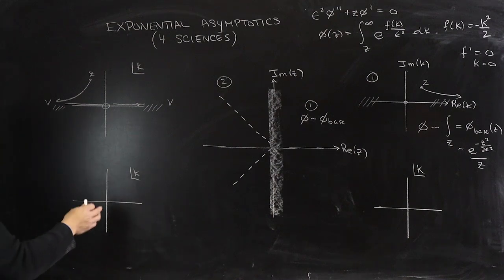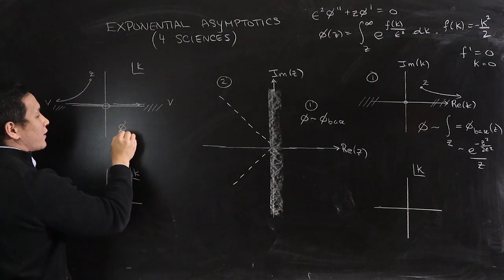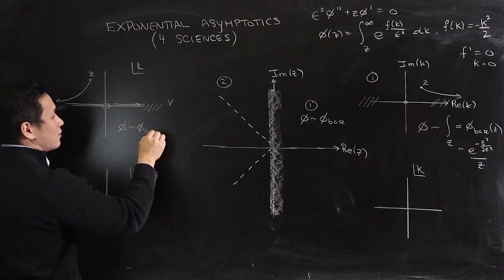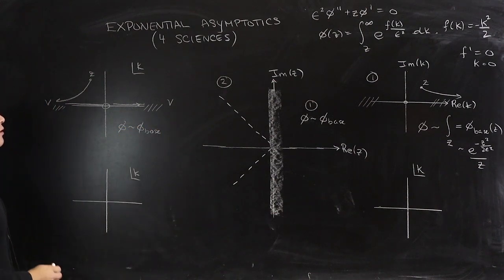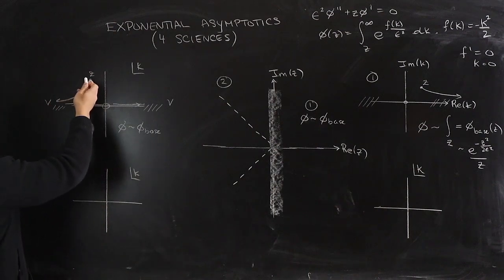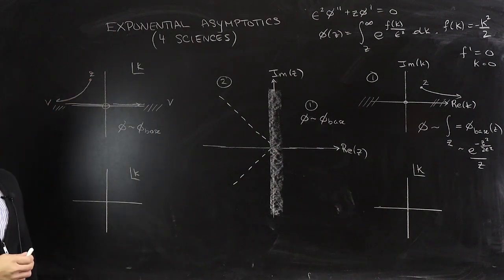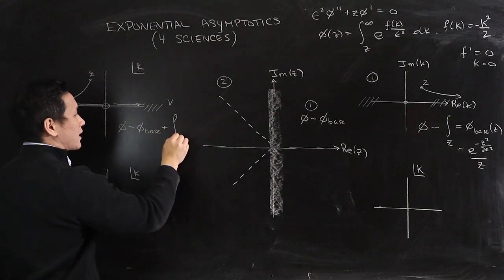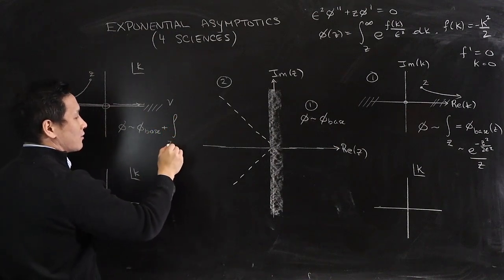In this case, for this situation, you would say that phi is approximated by its regular asymptotic expansion from the endpoint contribution, but then you have to add in a saddle point contribution around 0.